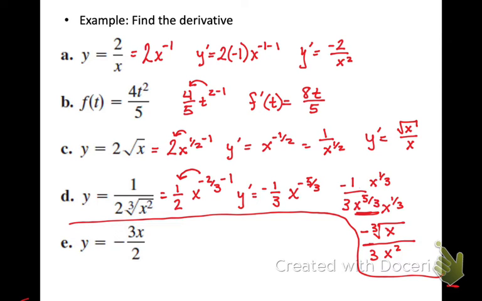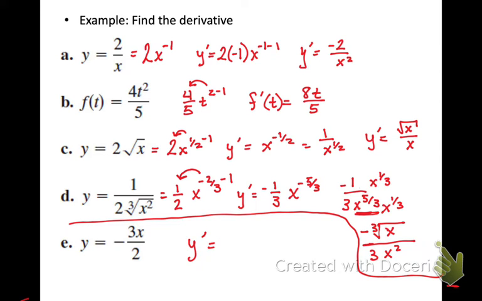Okay, so y equals negative 3x over 2. So bring out the 3. Well, do I even need to really bring out the 3? No, because it's just going to be there, right? So y prime is what? Negative 3/2.